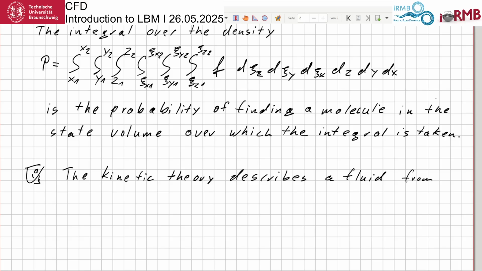So we describe this from the perspective of the phase space it occupies.